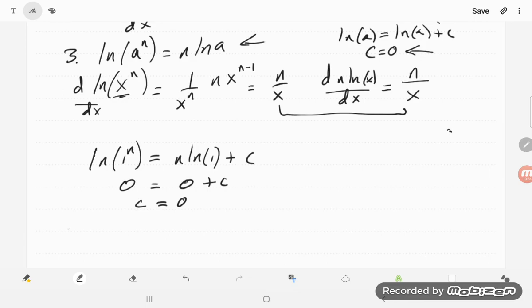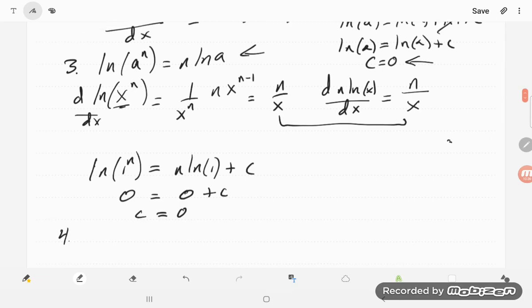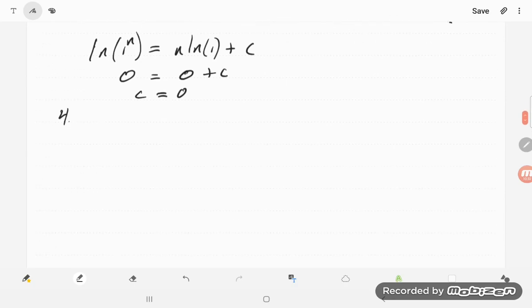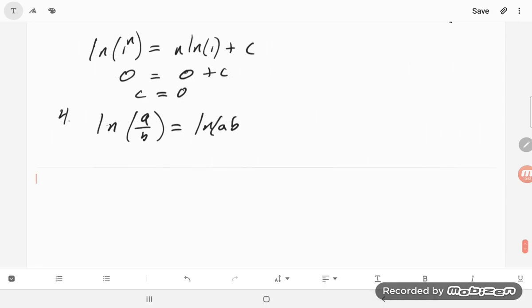We've got that one. And the fourth property is that the log of a over b is equal to the log of a times, whoops, I think I'm doing the proof, not the, yeah, sorry.